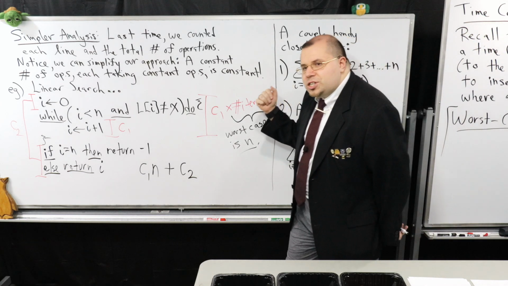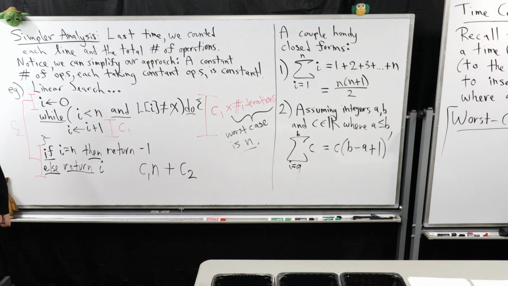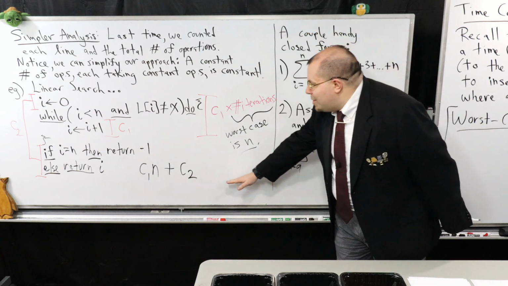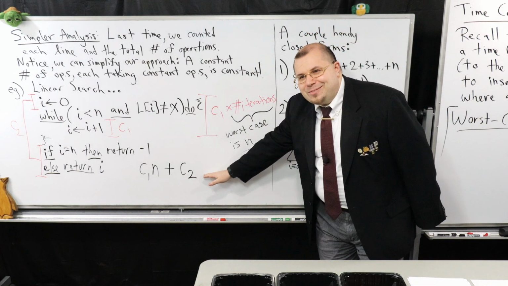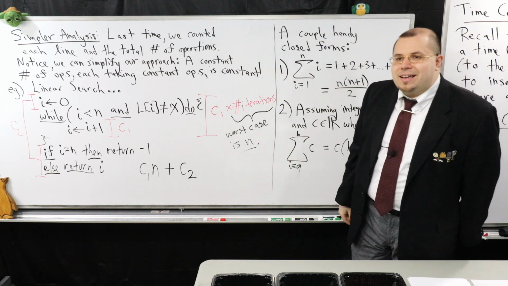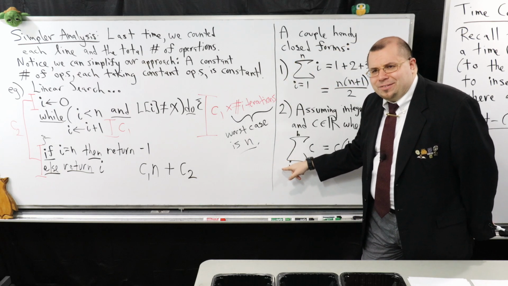Here's the big thing I want you to notice. What's the function look like? Did I get the same kind of function as I did last time? It's the same. It's a linear function. But notice that this is a much simpler looking function, right? Because I suppressed all those constants. If you go back to the exercise I did last day, you'll remember that there was a whole bunch of constants just sitting outside here.